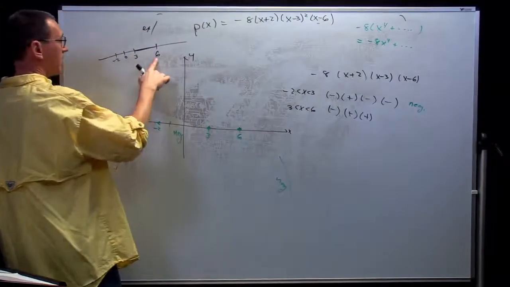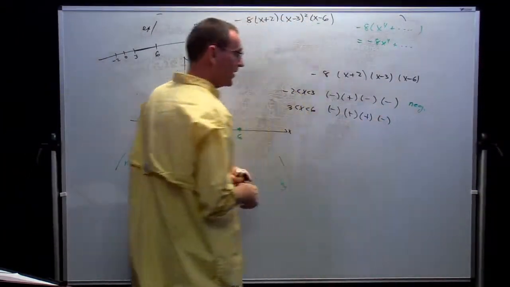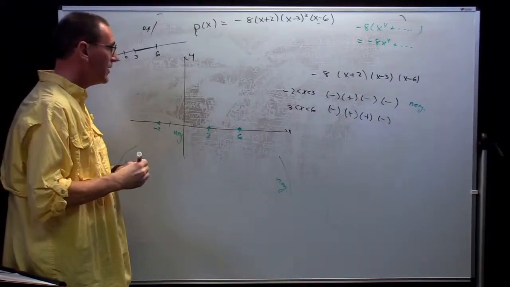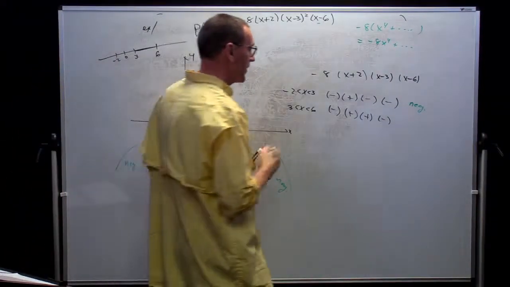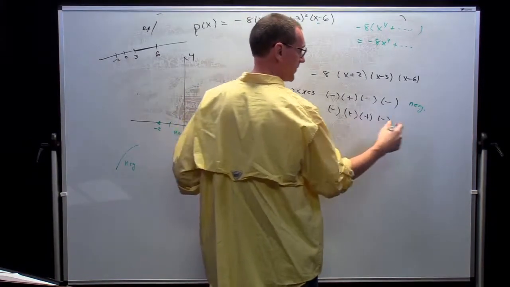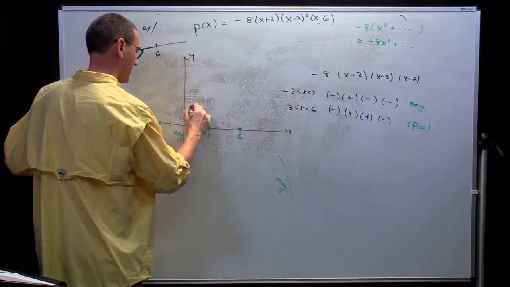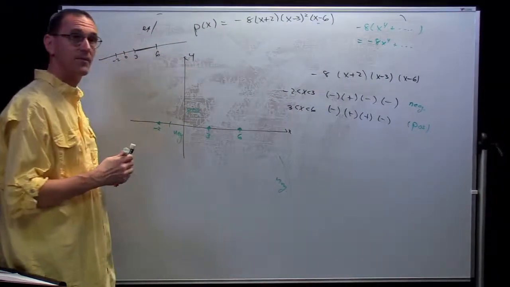But if I take any number to the left of 6 and subtract 6, it's going to be negative. Okay. So that means negative times positive is negative, times positive is still negative, times negative is positive. So this is going to be positive here.